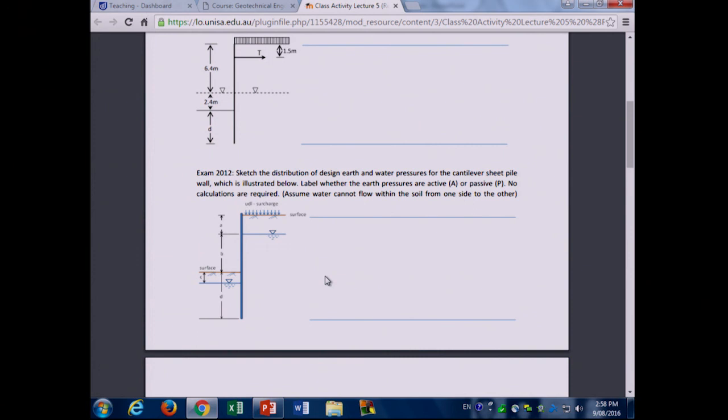Yeah, that's correct. You'll get full marks. I found the first student who gets full marks. What is the point of rotation? Oh no, draw the horizontal stress diagram.